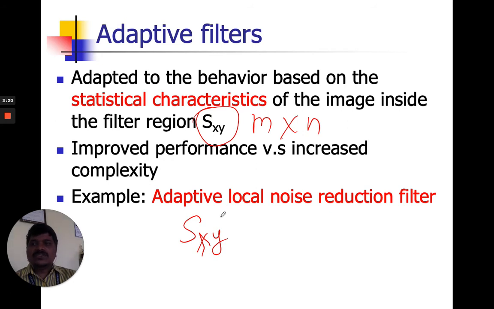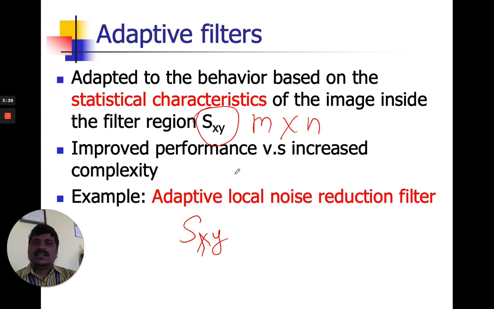The response of the adaptive filter at any point x comma y, on which the region is centered, is based on four quantities.